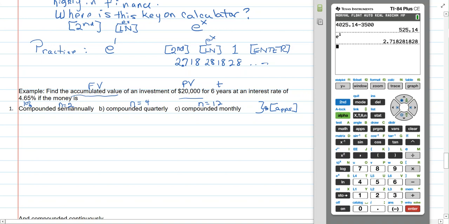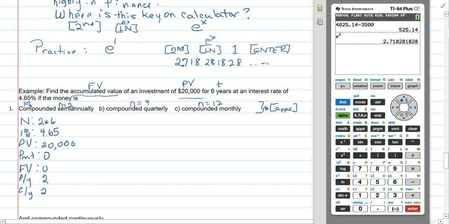Structure, and my capital N is 2, and the years is 6. My I% is 4.65. My present value is 20,000. My payment is 0. My future value is 0. And my P/Y and C/Y are 2.